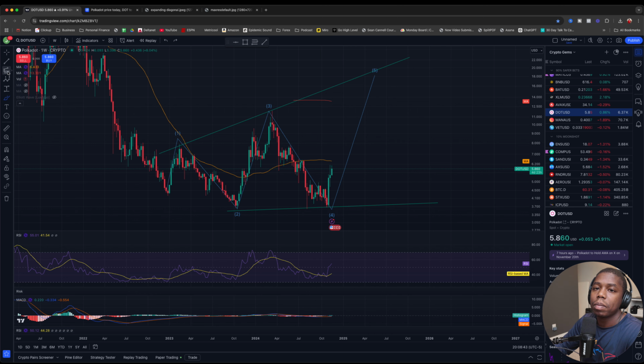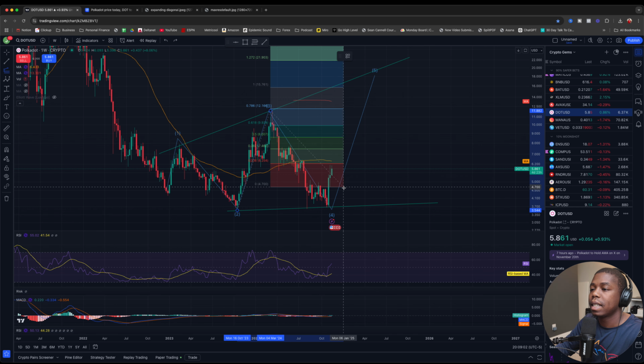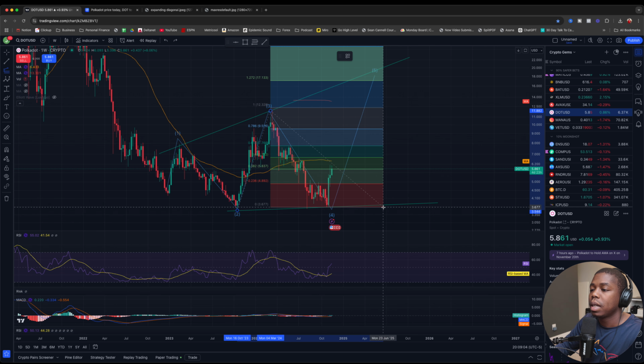One way that we can also measure this is by using the Fibonacci extension tool. Basically that allows us to measure one wave and then compare it to another. So if we were to measure the length of wave 3 by going from the bottom of wave 3 to the top of wave 3 like that, and then bring it down to the start of wave 4, these different levels indicate what percentage, or really their decimals, of wave 3.